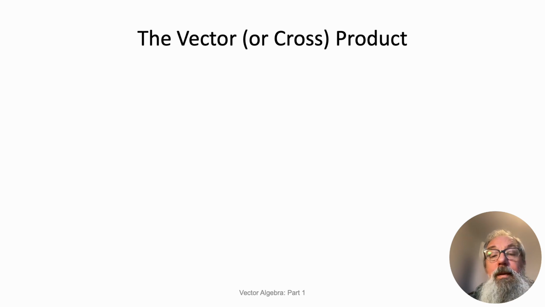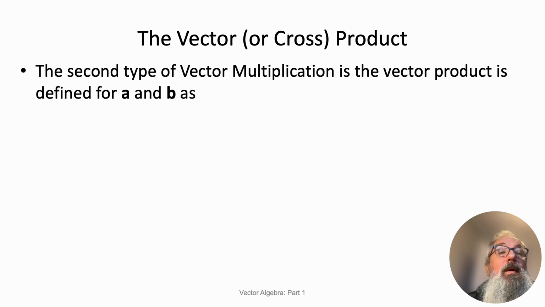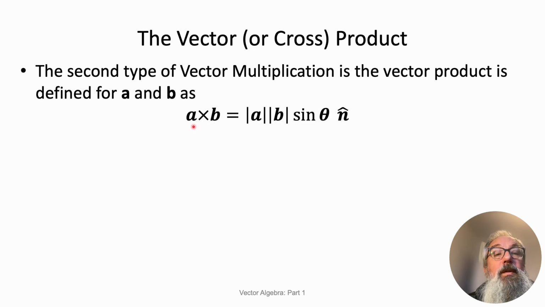Right. Now we're going to move on to the vector product, also known as the cross product. It's the second type of vector multiplication. It's a vector, and the vector product of two vectors A and B is defined as this, and it's written with a cross.